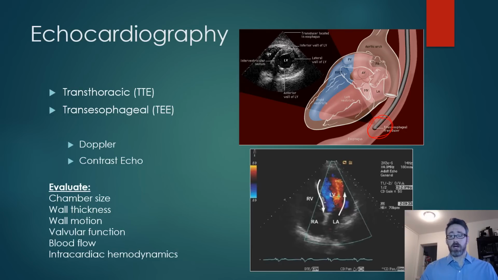But using this ultrasound, we can also perform what we call a Doppler, right? So we can actually calculate how fast something's moving. We can calculate velocities of blood moving through the chambers of the heart or in the aorta, for example. And so we can get that using a Doppler image.